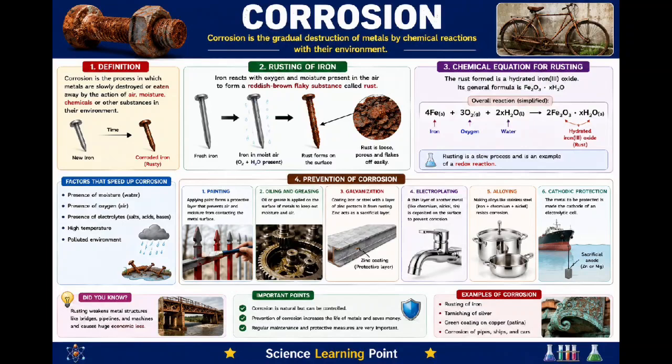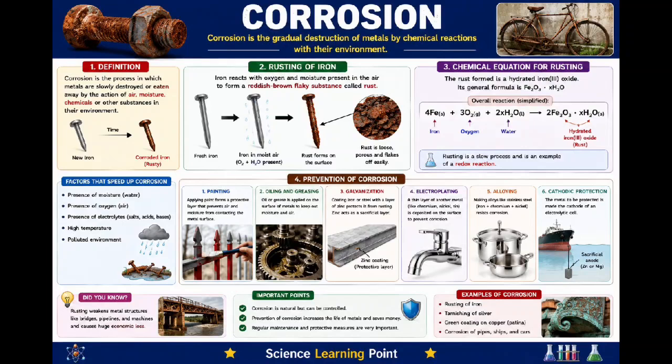Corrosion is the slow damage of a metal because it reacts with substances in its surroundings, such as air, moisture or chemicals. The metal slowly changes into a new substance. As a result, the metal can become weak and damaged.